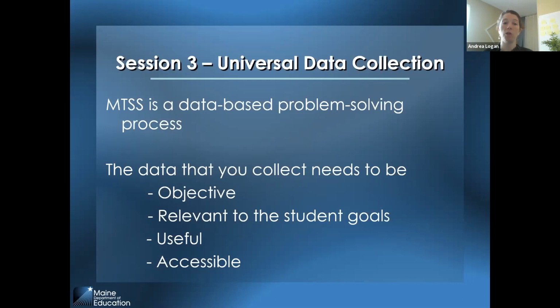We have your tiers of support, your problem-solving engine that moves within the tiers of support, and then you have the data that feeds the problem-solving process, right? So the data feeds the problem-solving, which are the gears in the tiers of support. And then you apply the layers of support as needed based on the answers that you get through the problem-solving framework and the data that goes into it.